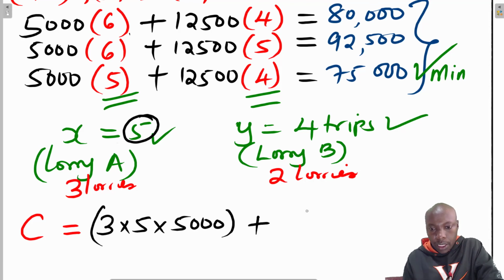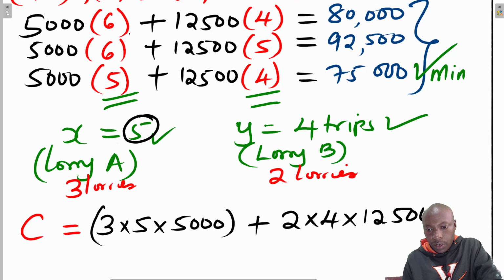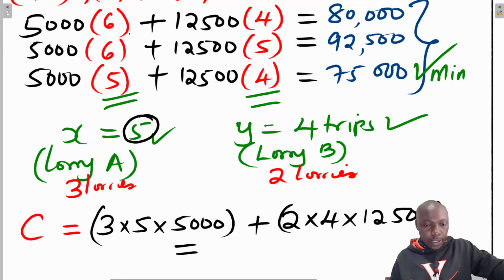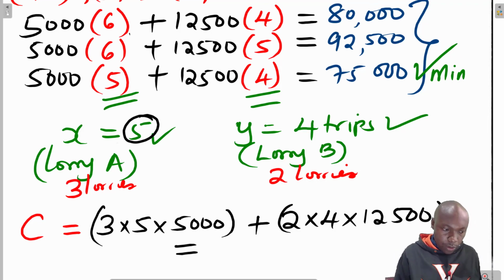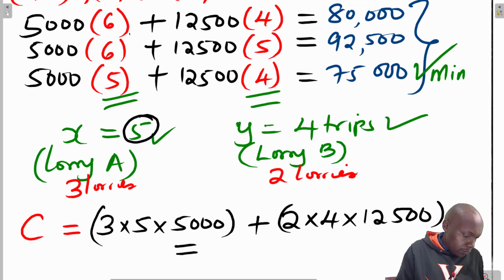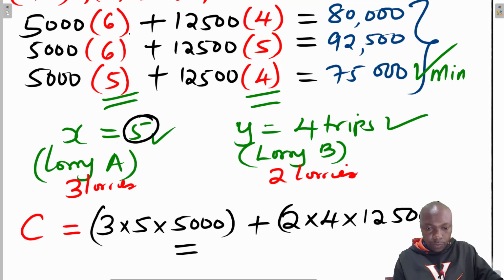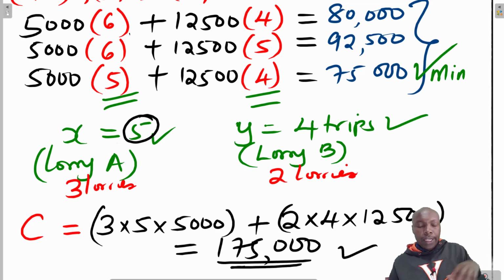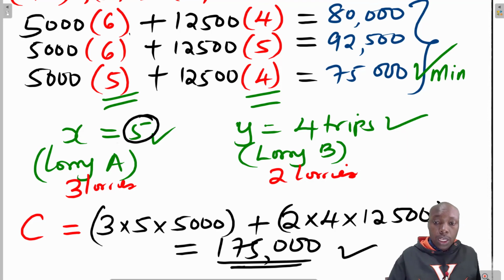Then for lorry B, there are 2 lorries, each one of them makes 4 trips, and one trip is 12,500. So we need now to work these out and get the minimum cost. We have 5,000 multiplied by 15, and then 12,500 multiplied by 8, so this will give 175,000 as the cost. And that is simply how you're supposed to solve that question.